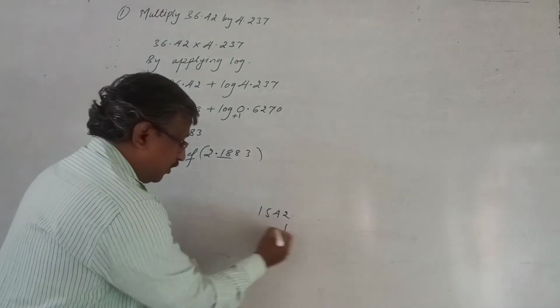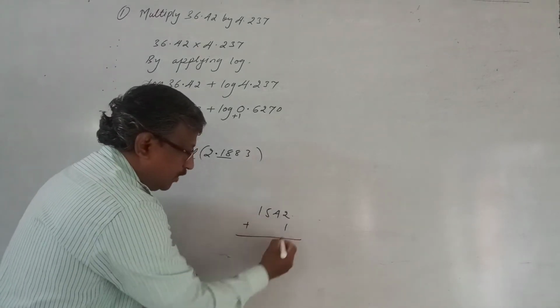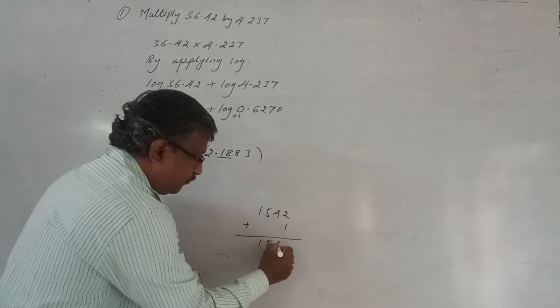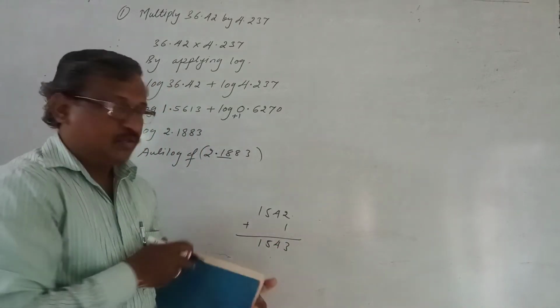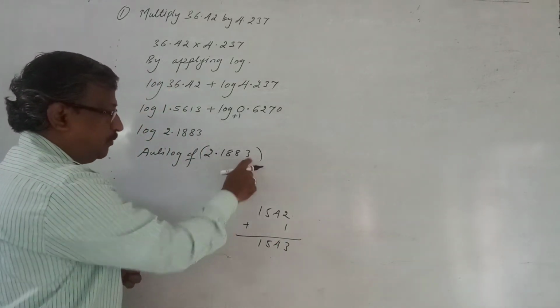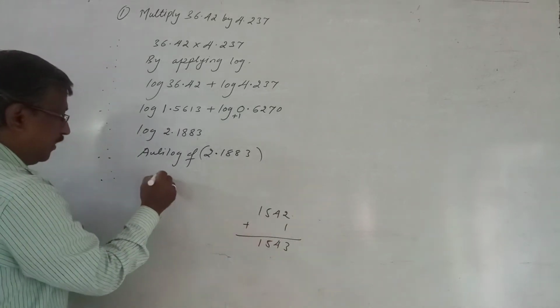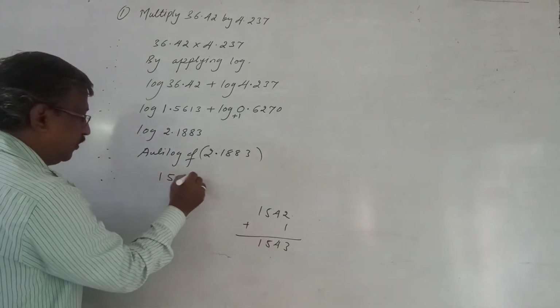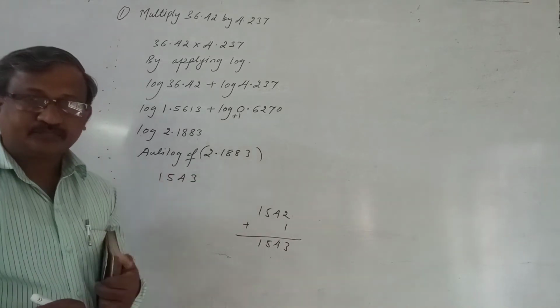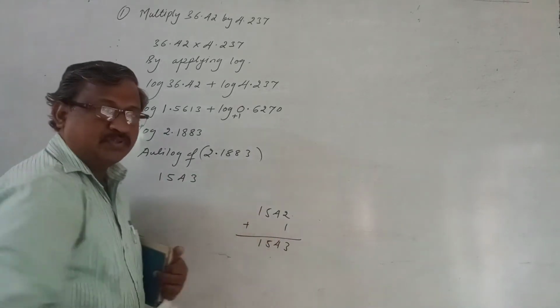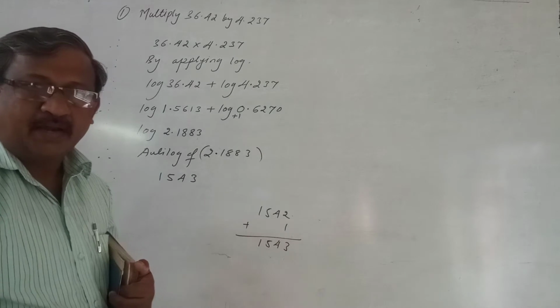Mean difference 3rd column is 1. So that mean difference you have to add. If you add, you will get 1543. Clear? So 0.18, 8th column, mean difference 3rd column, the value comes to 1543. So write that 1543 as it is. This is how you have to see the value from the anti-logarithm.